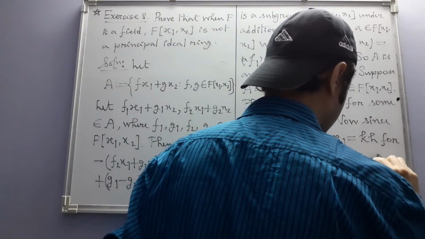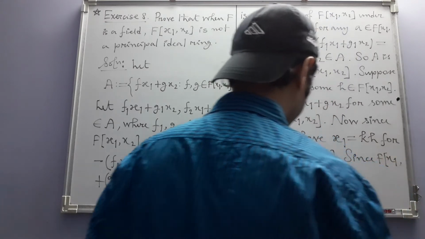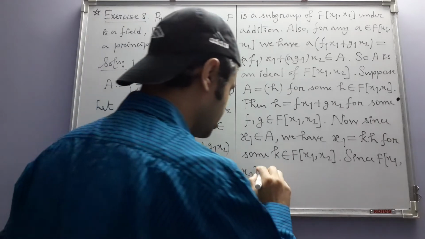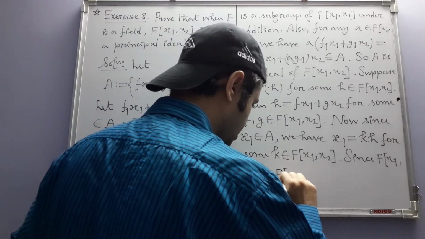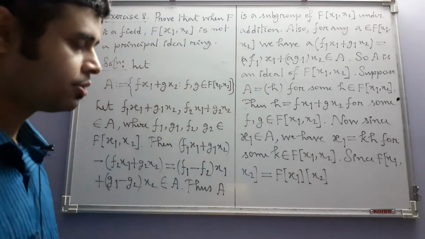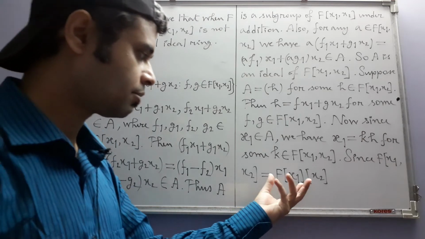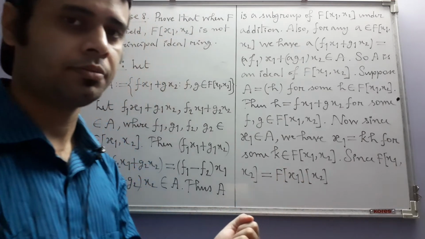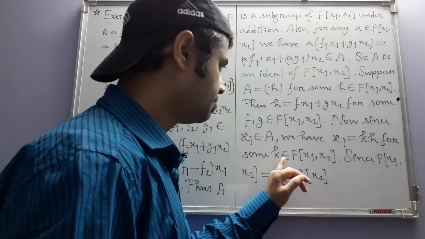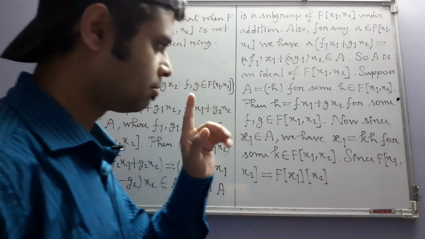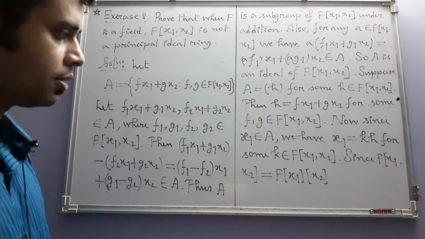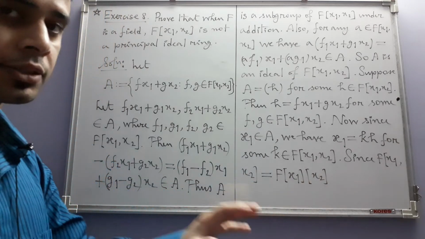Since F[x1, x2], by the original definition of this ring, is actually the polynomial ring in the indeterminate x2, where the coefficients are polynomials in x1 over F. So because this is true, what is the argument here? x1 itself is also a polynomial in x2, namely a constant polynomial.